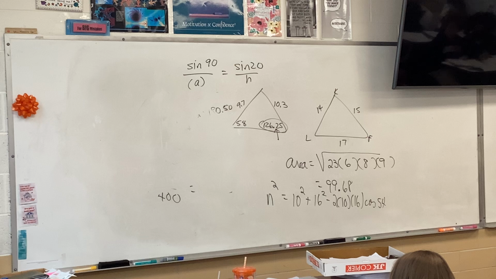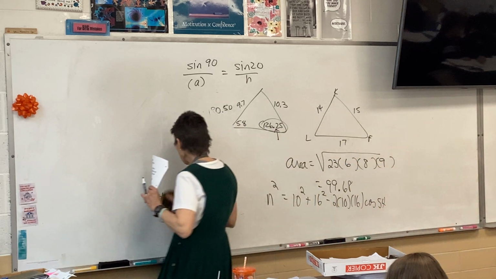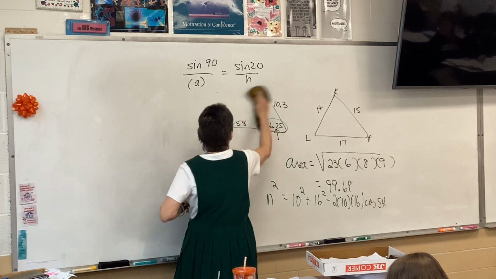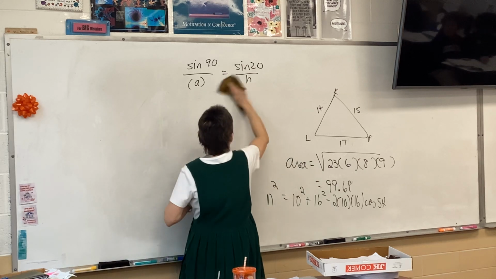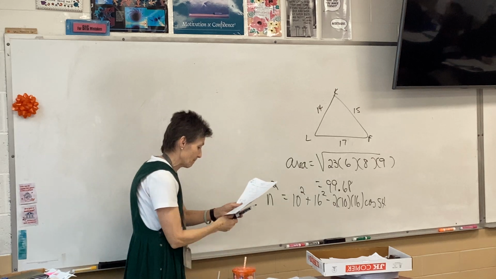Is that 289? Anybody else get 289? Yeah, okay. So you did everything right, but you answered the wrong question. And it was tricky. I would definitely deem it tricky. So let's see if you can figure out why it's tricky.